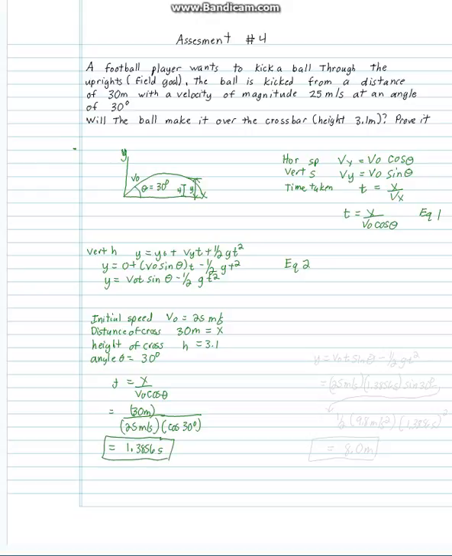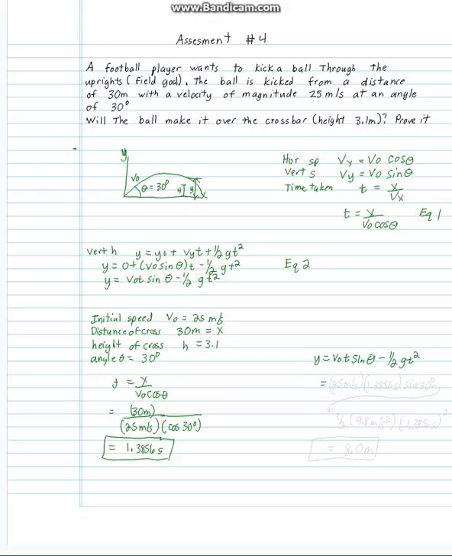Now, the height of the football after time t can be calculated by substituting the value of t in this equation, which is y equals v0 times time times sine of theta minus 1/2 gravity times t squared.